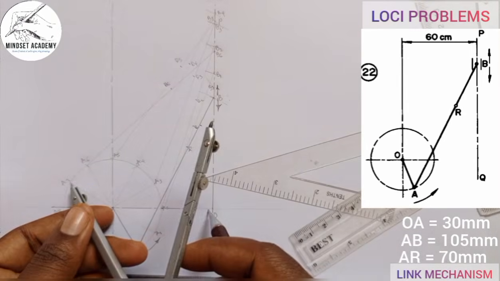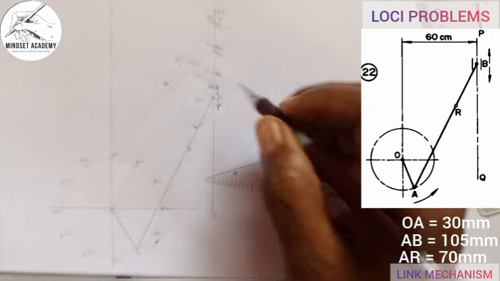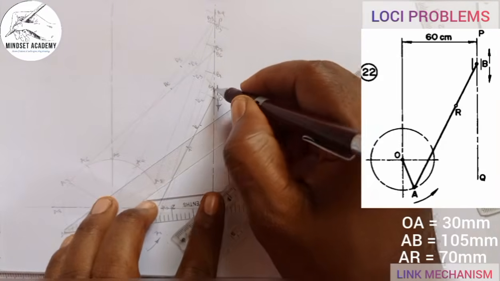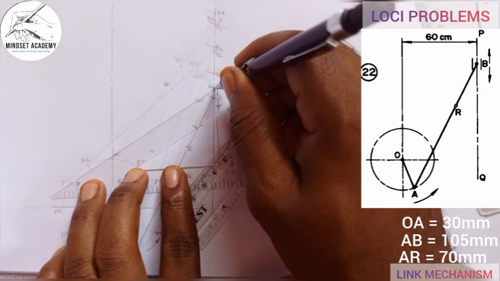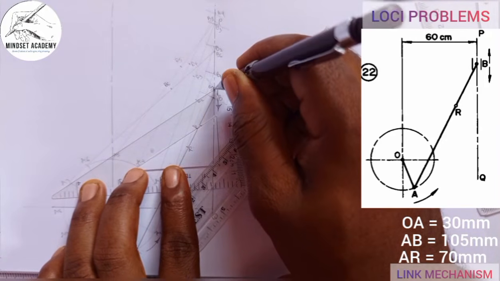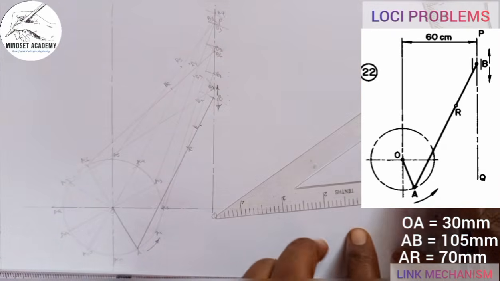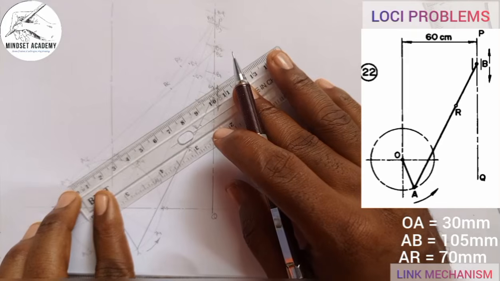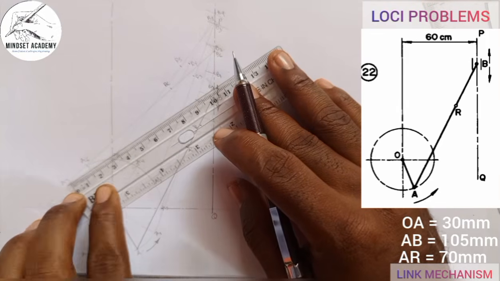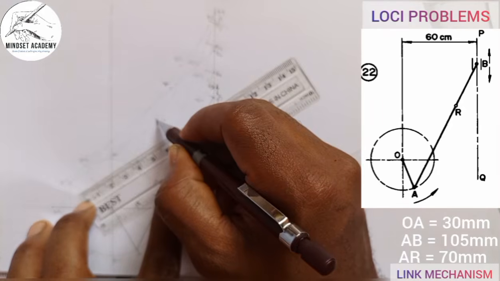From A7, this is B7 here. So I'll connect it. And see that? Now join. So on that line, I'll mark 70 to get the arrow. And see that at this point will be my Arrow 7.